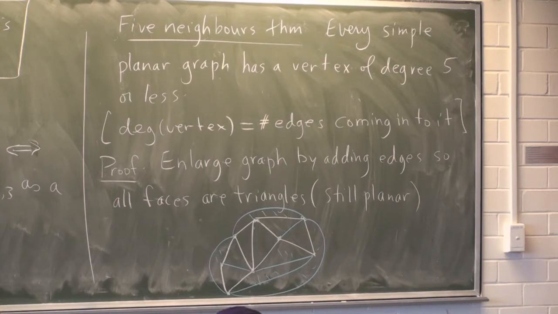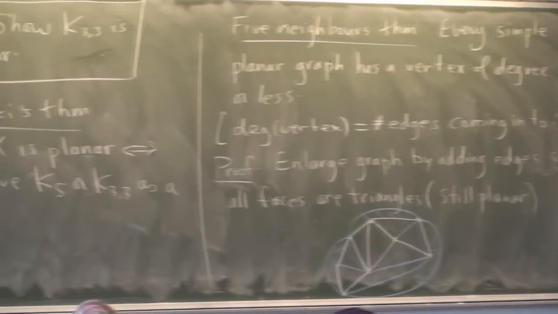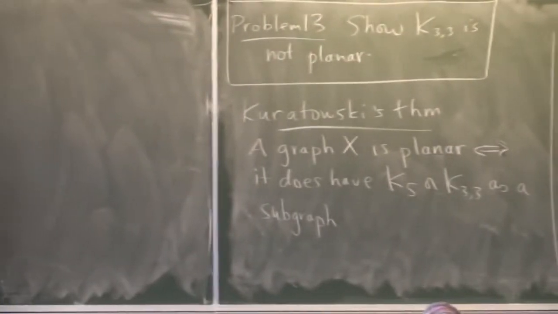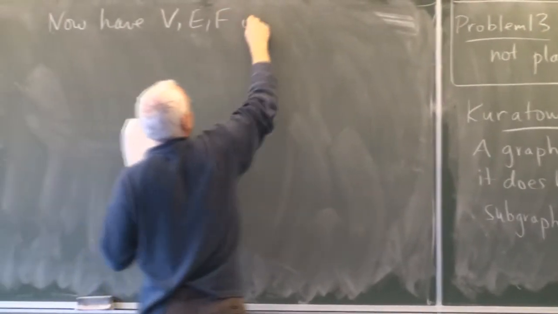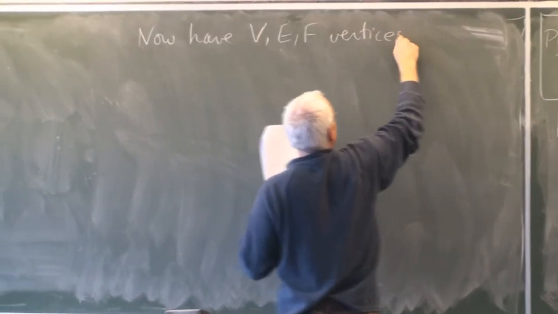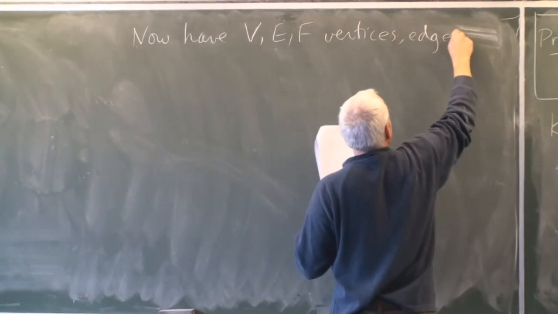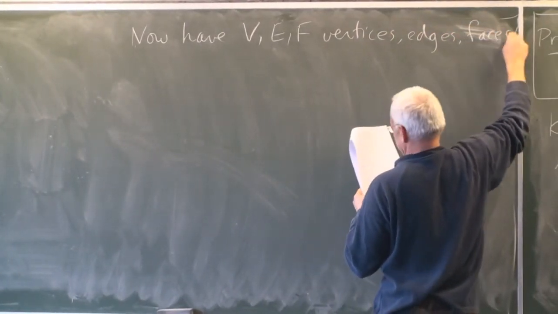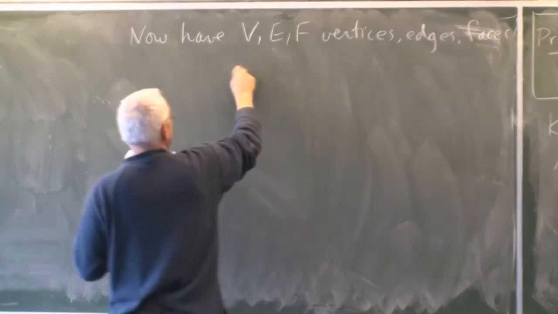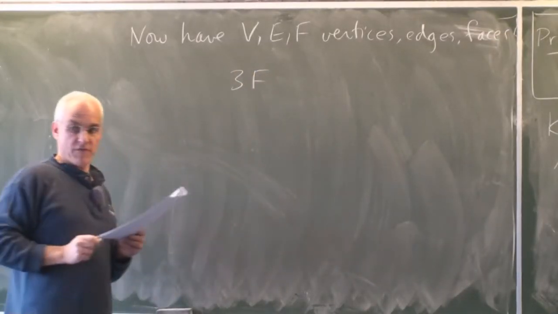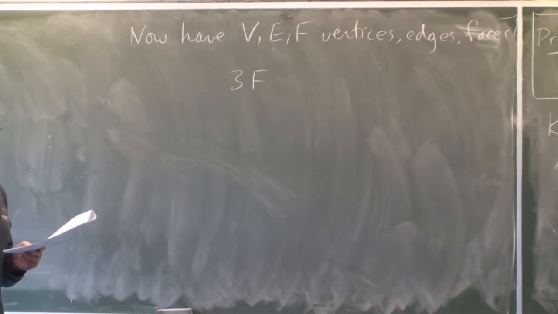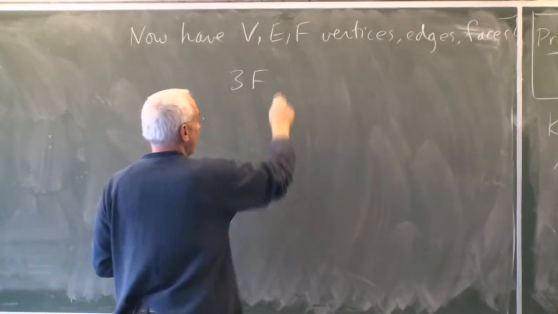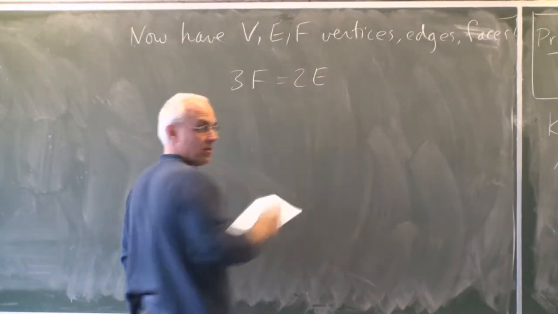All right, so now we have V, E, and F: vertices, edges, and faces. And we know that since each of the faces is a triangle, 3 times the number of faces is 2 times the number of edges.